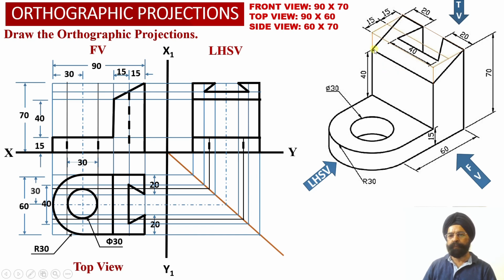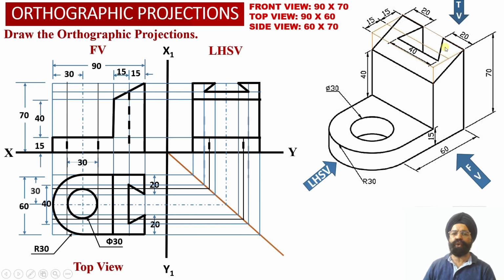Whereas corresponding to this inclined surface of the vertical web, we will not be able to obtain true shape projections of this inclined top surface. Why? Because this inclined top surface is not parallel to the profile plane. So we will obtain a shortened view or an apparent shape view corresponding to this inclined surface of the vertical web over here.